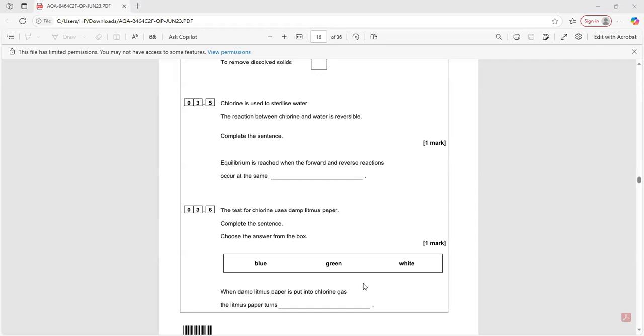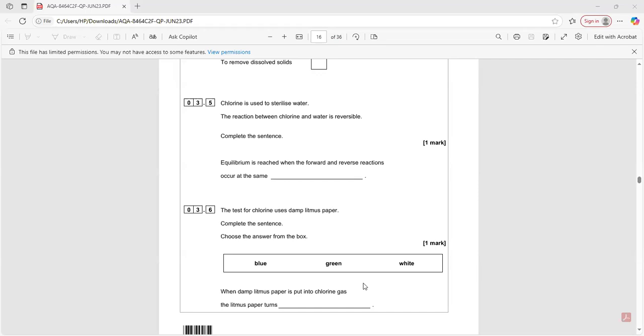Okay, so the next one is a test for chlorine. The test for chlorine uses damp litmus paper. So the question is this: when damp litmus paper is put into chlorine gas, the litmus paper turns. Ideally, the blue litmus paper turns white.